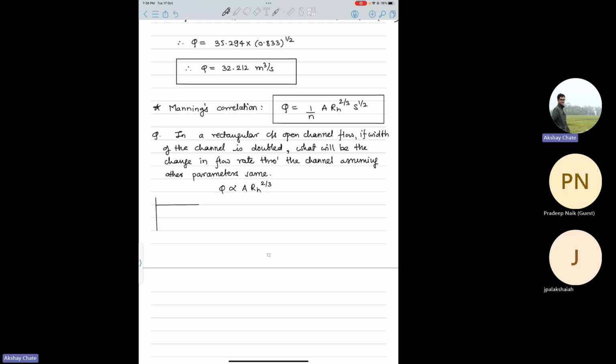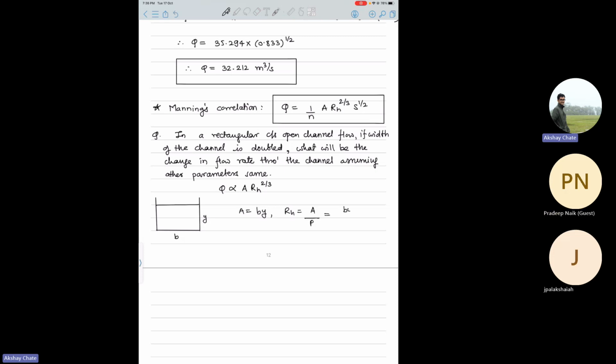Now let's say you had a channel like this, and let's denote the width by b and height by y, commonly in this type of parlance, y is used here. So your area is nothing but by, and hydraulic radius is nothing but area divided by wetted perimeter.